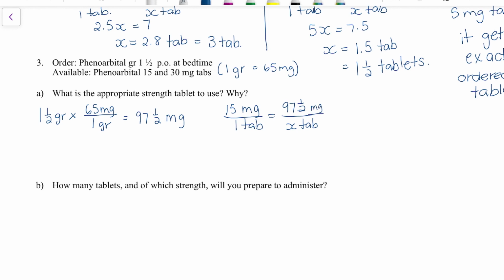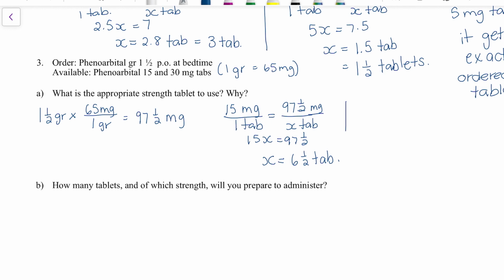I'm going to cross multiply and divide. And that gives me 6.5 tablets, which I can't do a half, and 6 is way too many. So that's not a good option.